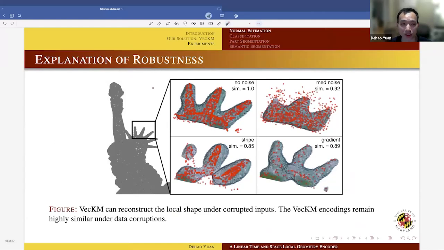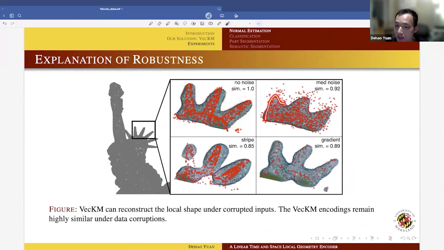Here we can also have an illustration. So this is the local point cloud. A very nice thing is we can visualize how good our encoding is. As you can see here, it almost reconstructs the distribution of the point cloud.